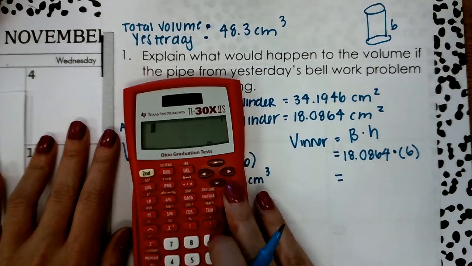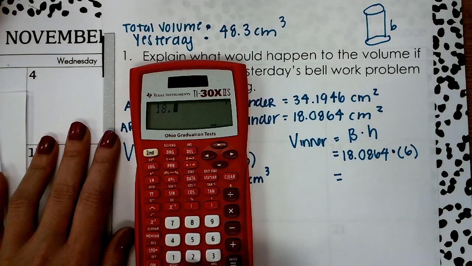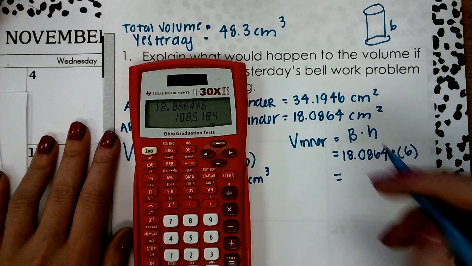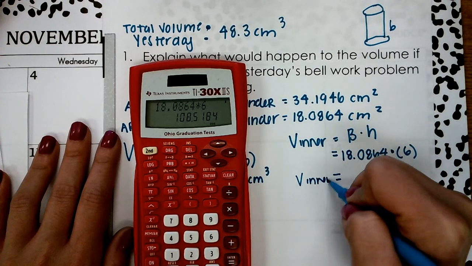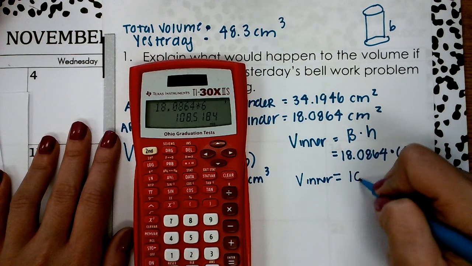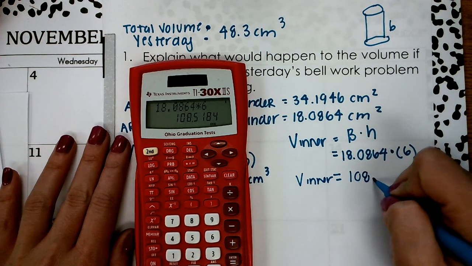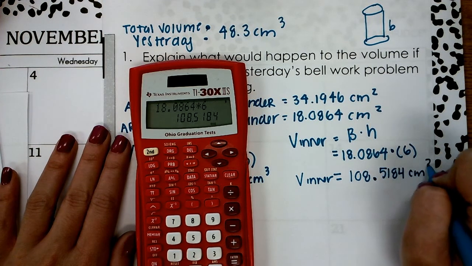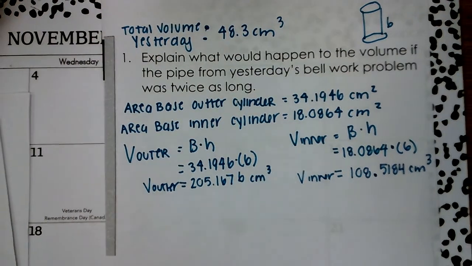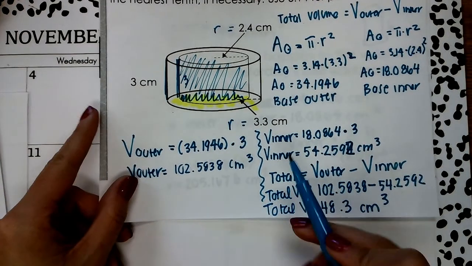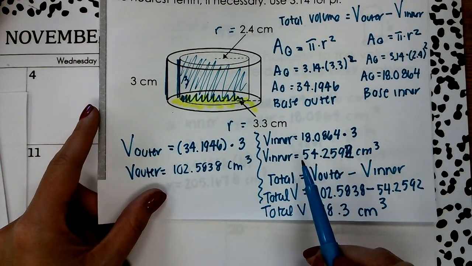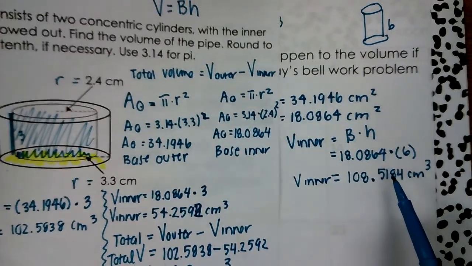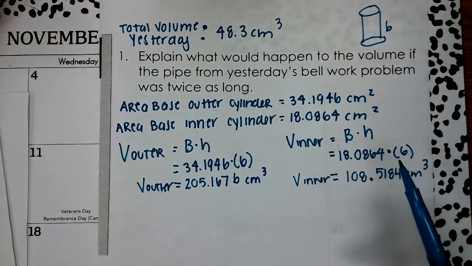On our calculator, 18.0864 times 6, we get that the volume of the inner cylinder is equal to 108.5184 centimeters cubed. For yesterday's problem, when the height was 3, the volume of our inner cylinder was 54.2592 centimeters cubed. Again, it's definitely increasing, and it looks like it might be doubling.